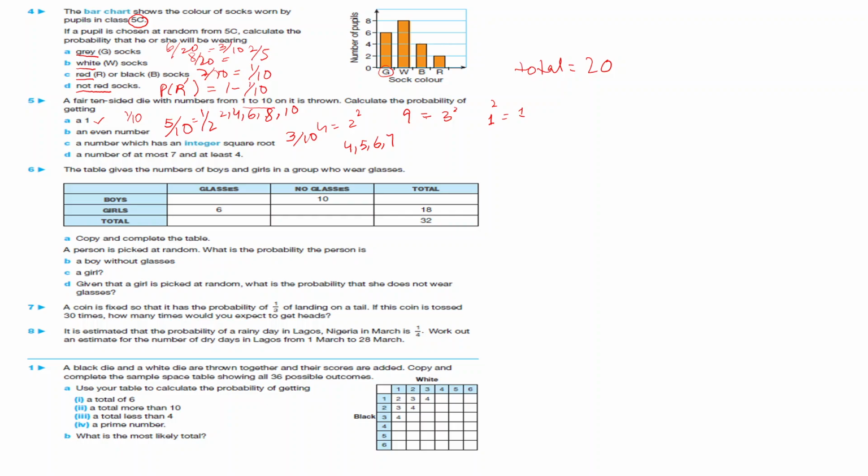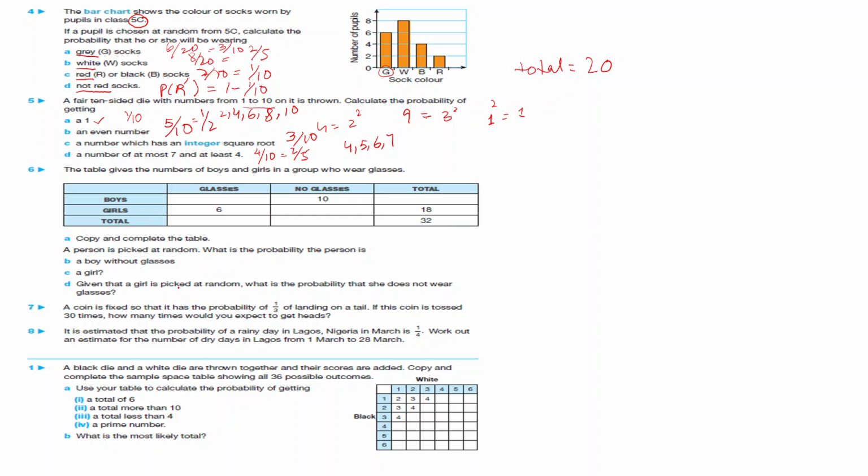So 1, 2, 3, 4. There are 4 numbers like these. So 4 out of 10 should be the answer for this question, or 2 out of 5 if you simplify this fraction.